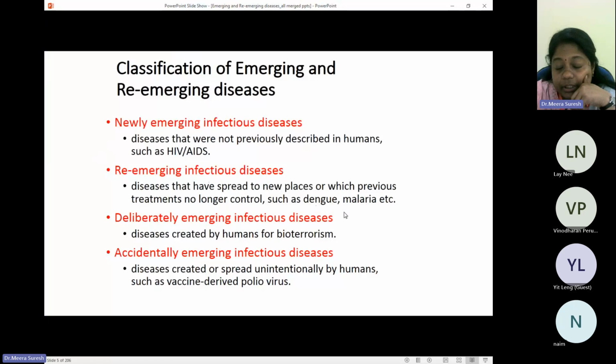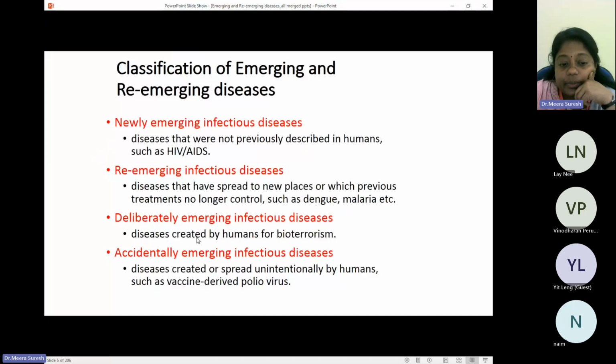Allopathic people, they have antibiotics against this tuberculosis, the mycobacterium tuberculosis, and they are actually this resistant type of tuberculosis. So these diseases initially they were reducing, but now coming up, or they are spreading to new places.